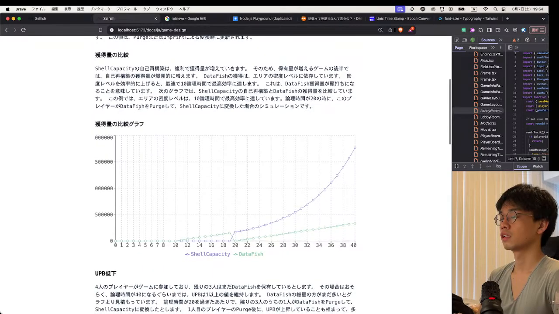This graph shows the comparison of the amount of shell capacity by self-recomposition and the amount of data fish to collect.